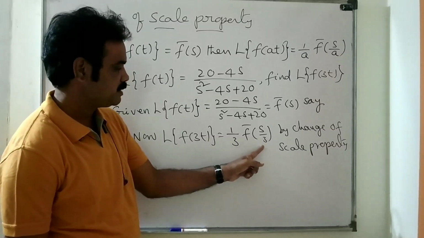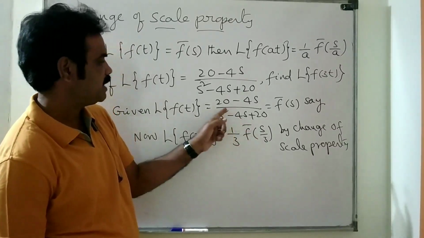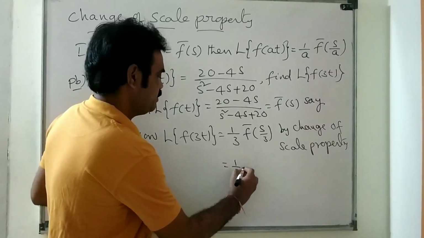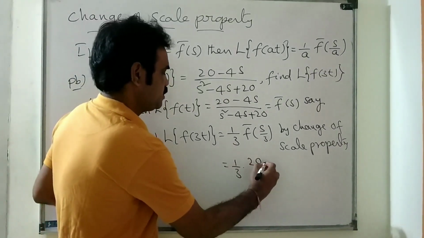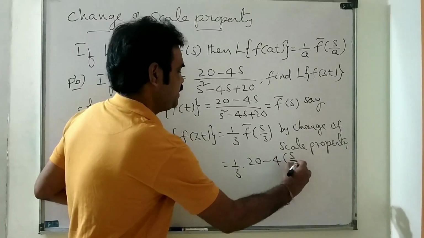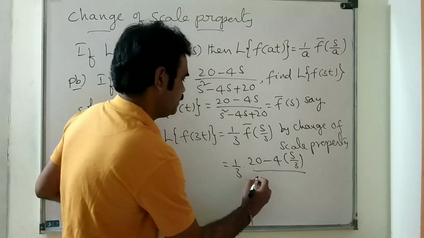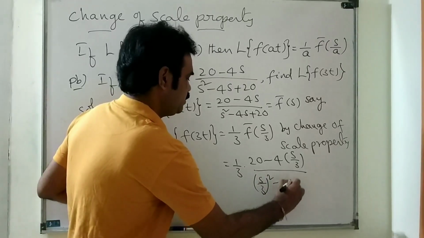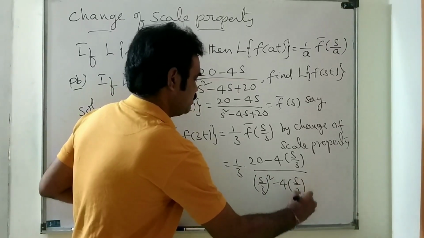F bar s by 3 means replace s with s by 3 in f bar s. This is equal to 1 by 3 into 20 minus 4 into s by 3 all by s by 3 whole square minus 4 into s by 3 plus 20.